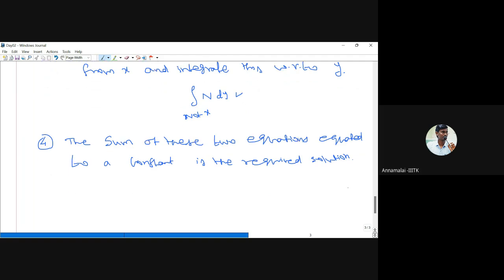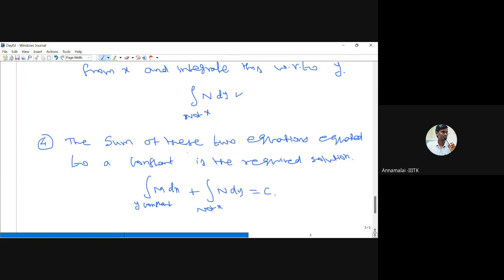So the solution is the integral of M dx, where you treat y as a constant, plus the integral of N dy, with no x term in N, and then integrate, and you take some constant c. That is the solution.